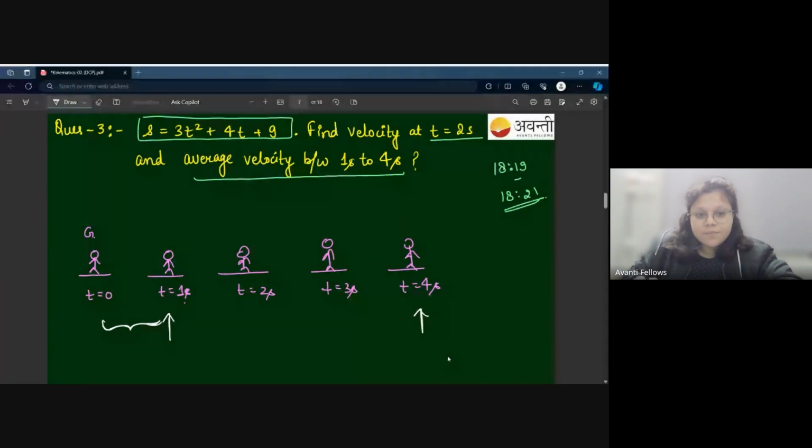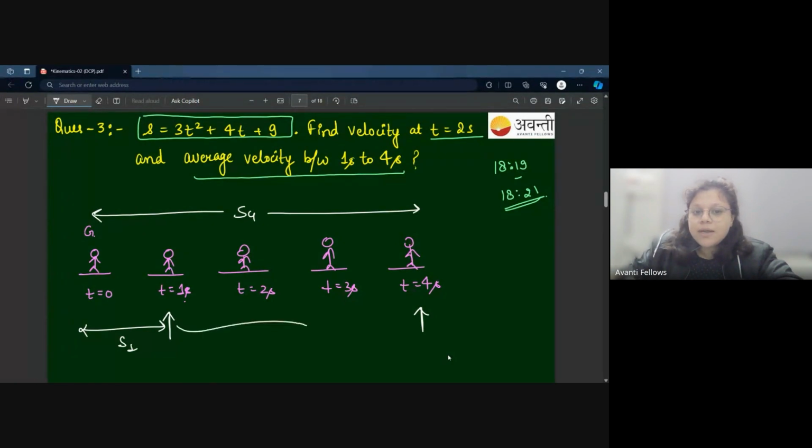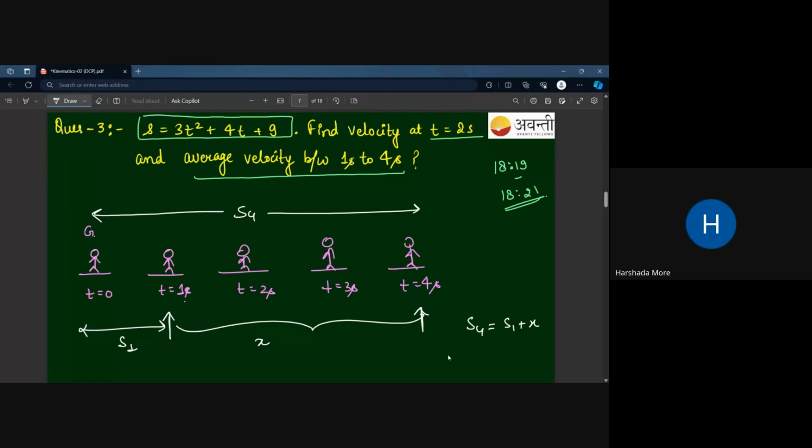So what would I do? If S1 is going to give me this much displacement, and S4 will give me this much displacement, and I only need this particular one, how would I get this? I think you can write S4 is equal to S1 plus X. Right? Yes, ma'am.